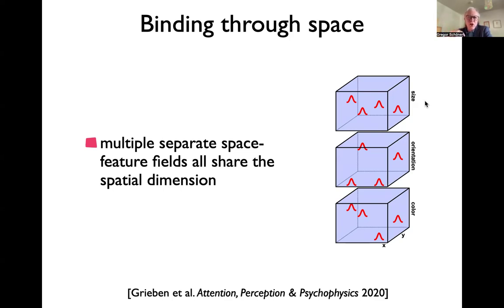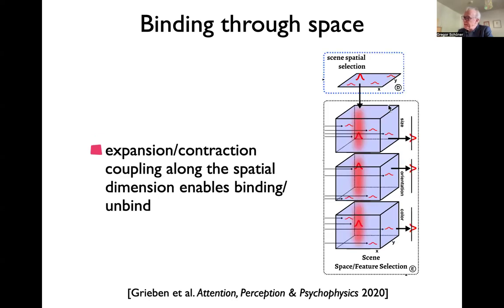feature fields that all share a dimension. Here, the classical Treisman idea that the location shared is some kind of spatial dimension. And I'll generalize that in a moment. So when you do that, you can use these expansion and contraction couplings to link these different fields.